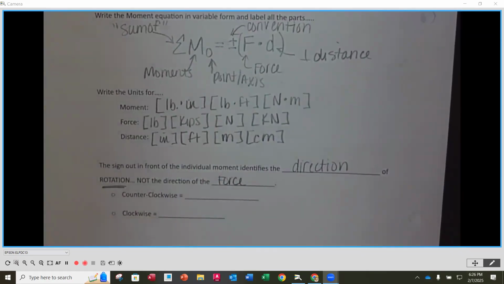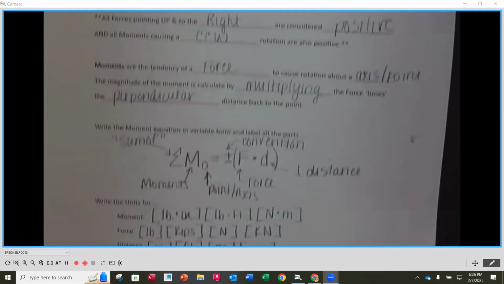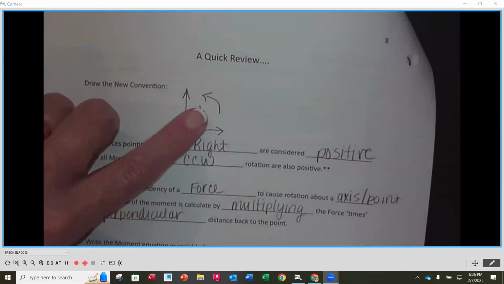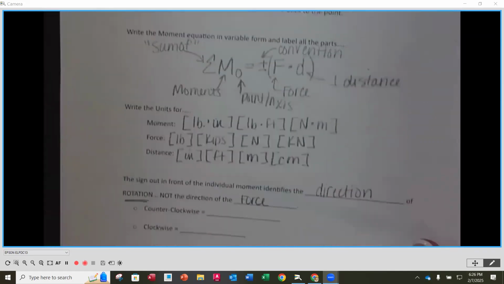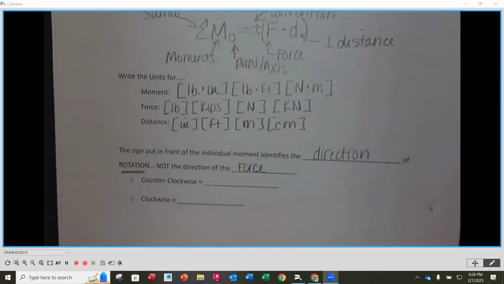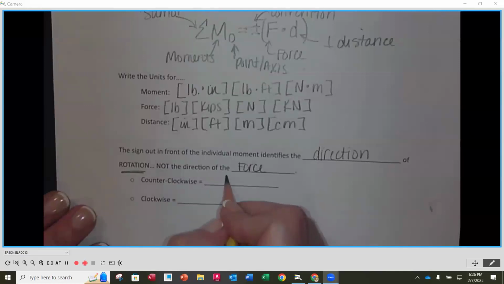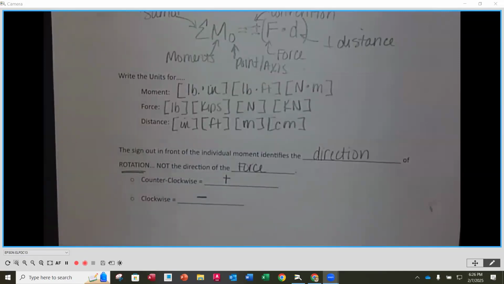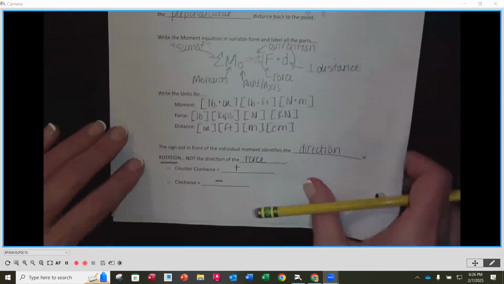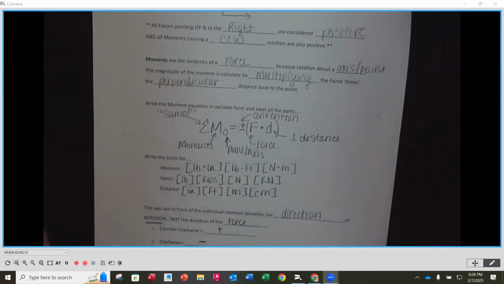We don't look to the force as up, down, left, right. That's for the sum of forces. When we sum moments, we are looking at, is it clockwise or counterclockwise? So counterclockwise equals positive, clockwise equals negative. Okay. All right. Any questions on page 8?